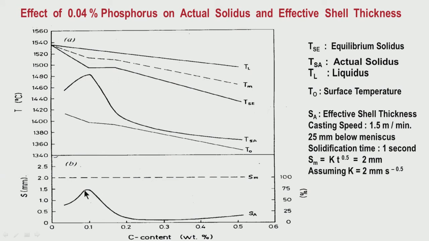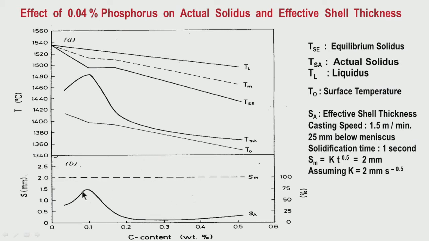At 0.1% carbon, the effect of microsegregation is minimum, but at 0.25, 0.3, 0.4% carbon, it is quite large. So the solid shell thickness is highest for 0.1% carbon and relatively lower for 0.25, 0.3, 0.4% carbon. This is very important to remember.